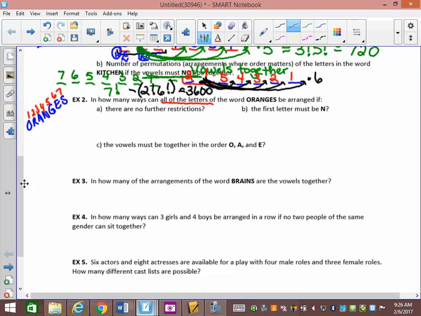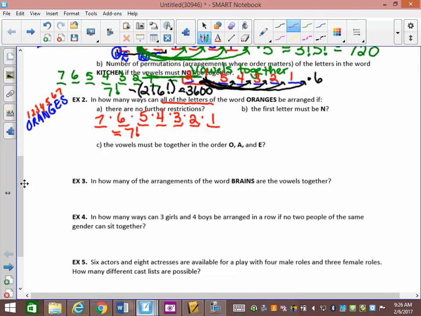We're rearranging all letters, not 4 of the letters, right? All of the letters. So there's no further restrictions. 1, 2, 3, 4, 5, 6, 7 blanks. How many letters do I have for the first one? 7, then. So it equals 7 factorial.